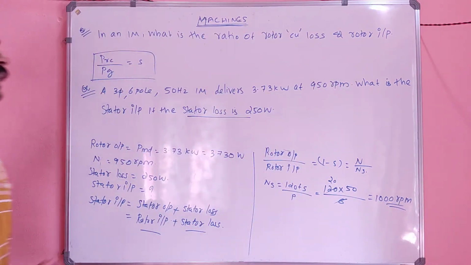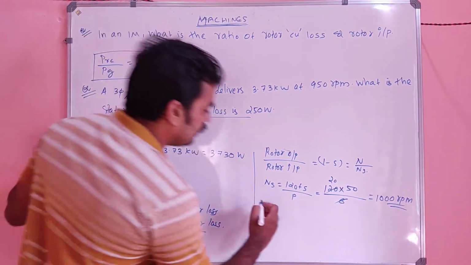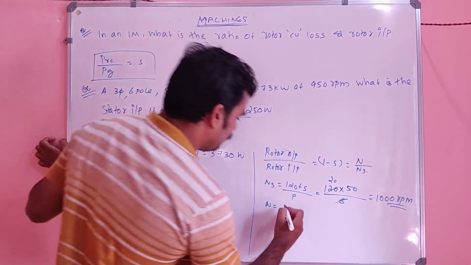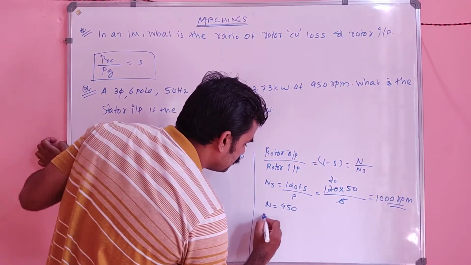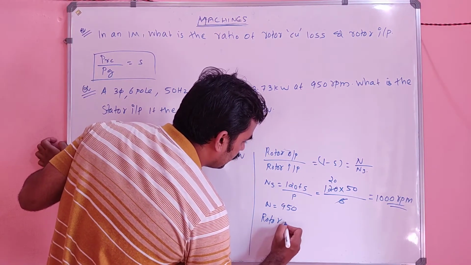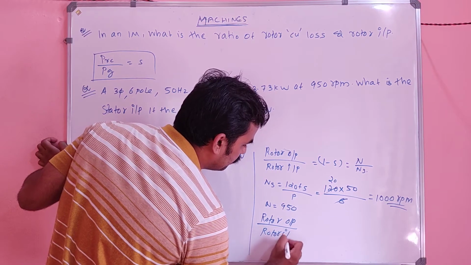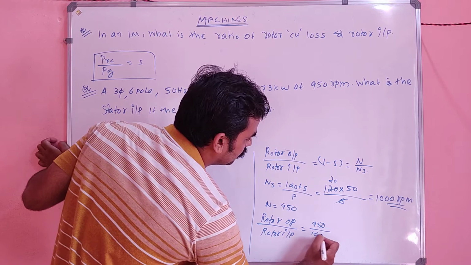So you got N_s as 1000 RPM, the synchronous speed. N is already given, it is 950. So directly you can substitute here: rotor output by rotor input equals 950 divided by 1000.